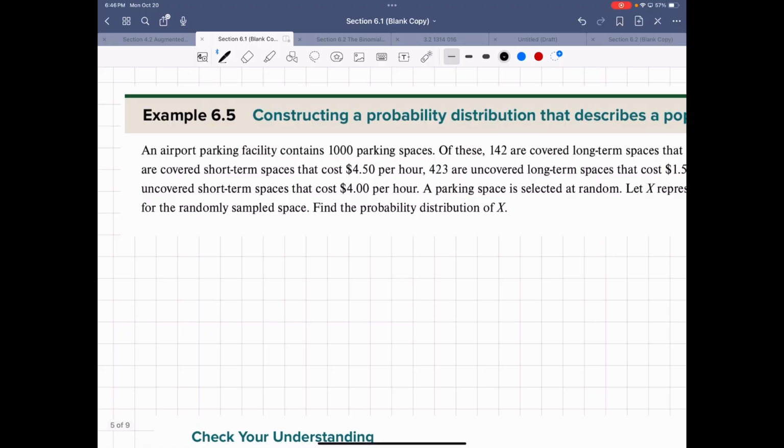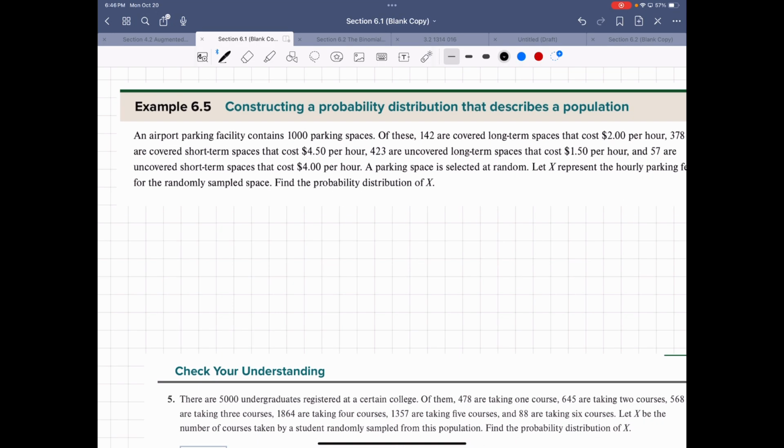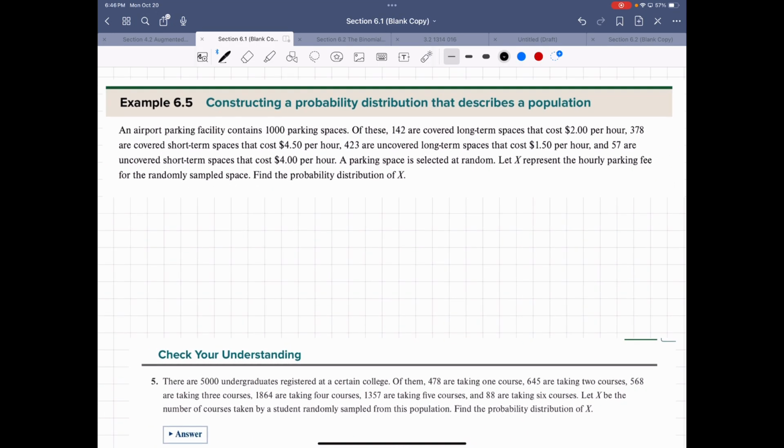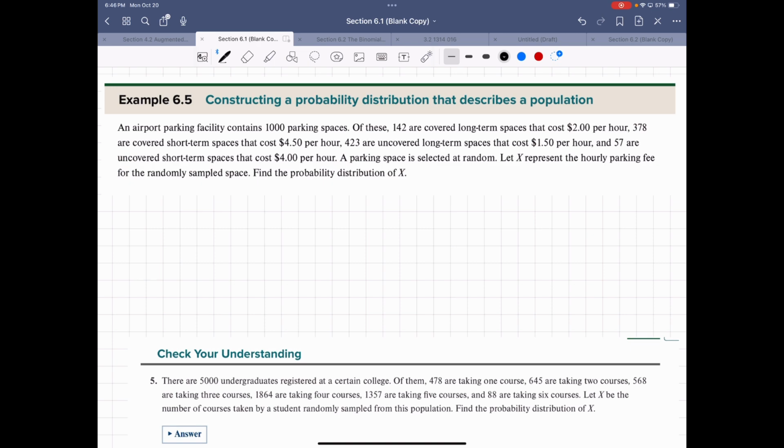All right. Constructing a probability distribution that describes a population. An airport parking facility contains 1,000 parking spaces. Of these, 142 are covered long-term spaces that cost $2 per hour. 378 are covered short-term spaces that cost $4.50 per hour. 423 are uncovered long-term spaces that cost $1.50 per hour.